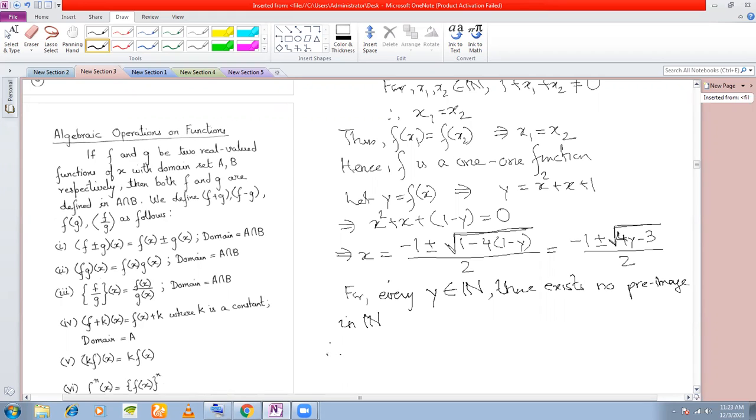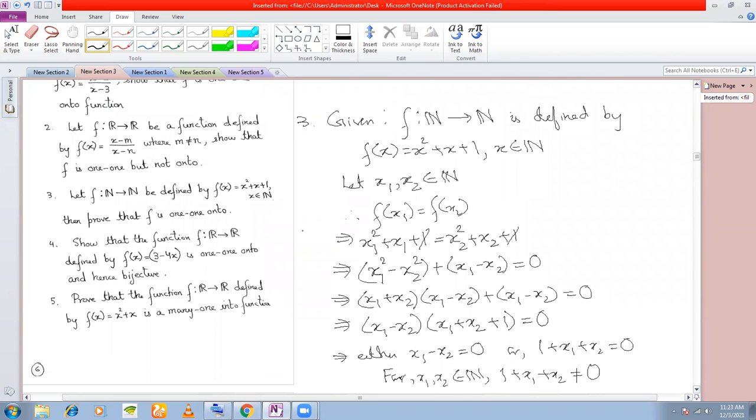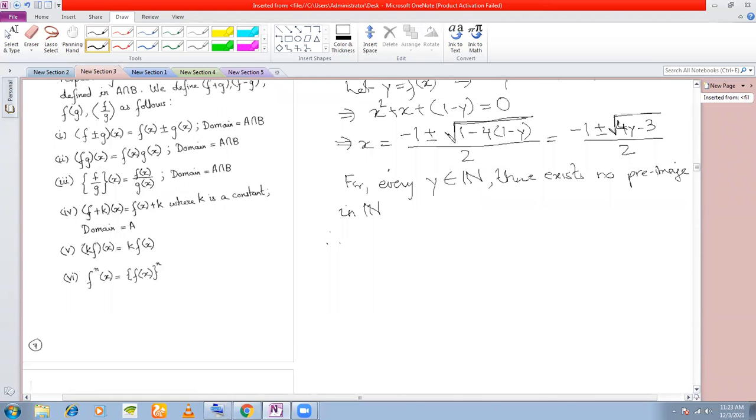So therefore, we say that although the question was to show that f is one to one onto, but actually here f is not onto. Okay, f is not onto. So the question should have been prove that f is one to one but not onto. Okay. So therefore, f is not an onto function.